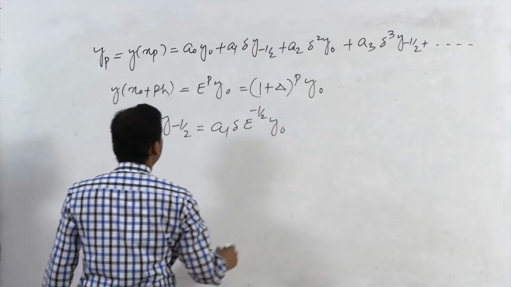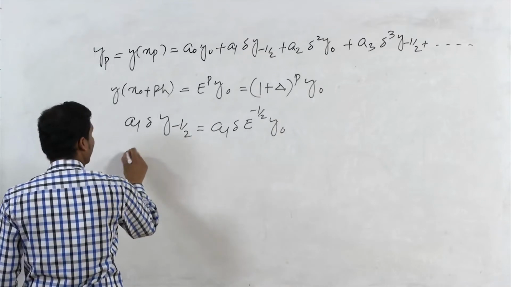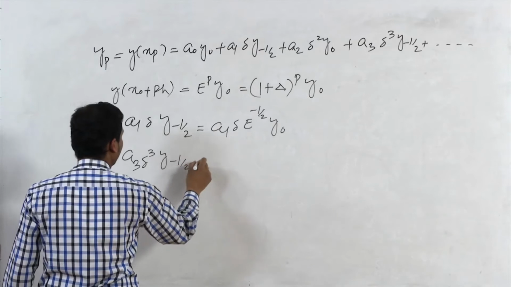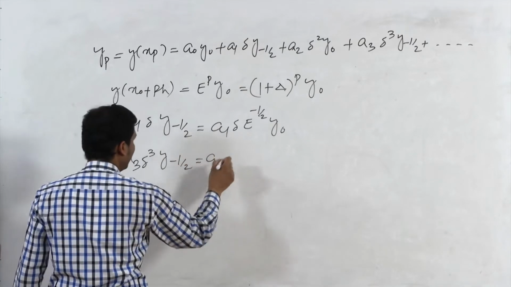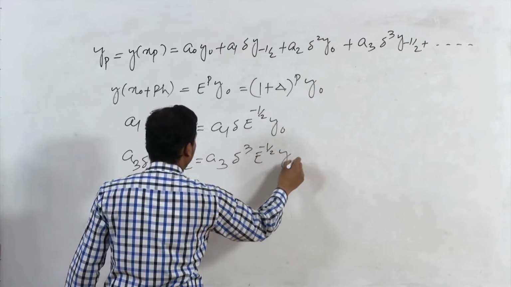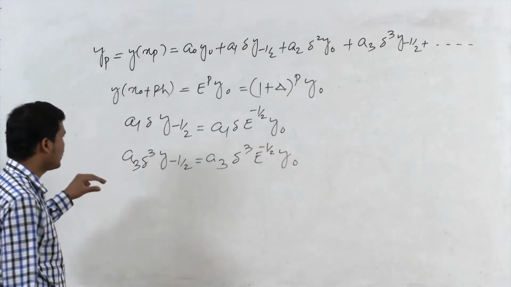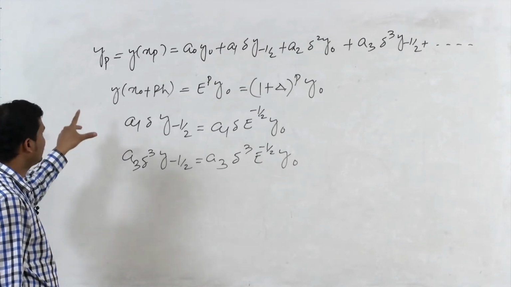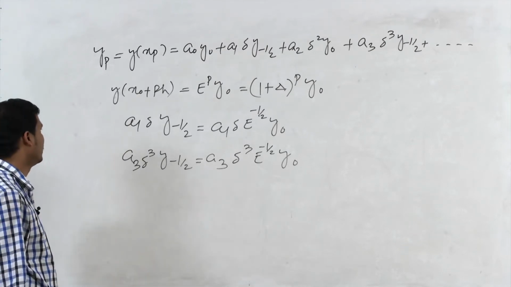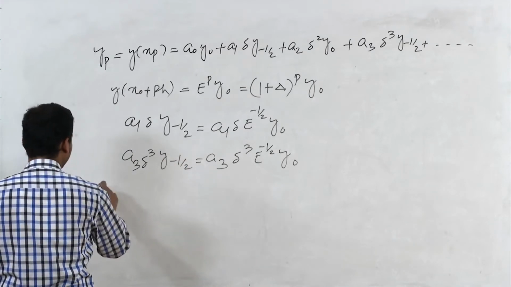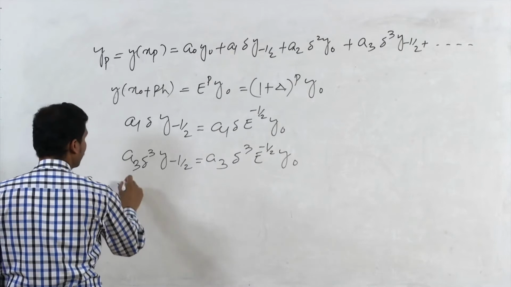Similarly, a3 delta cube y of minus half can be expressed as a3 delta cube e to the power minus half of y0. If we express everything in terms of y0, then both sides can be expressed as an operator. The left hand side is (1 plus delta) to the power p.